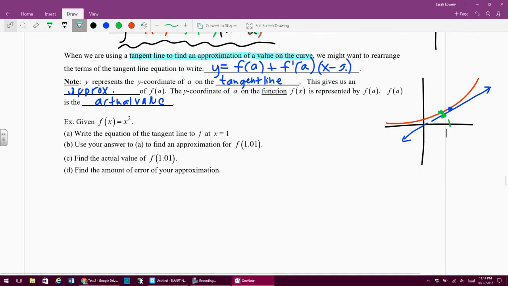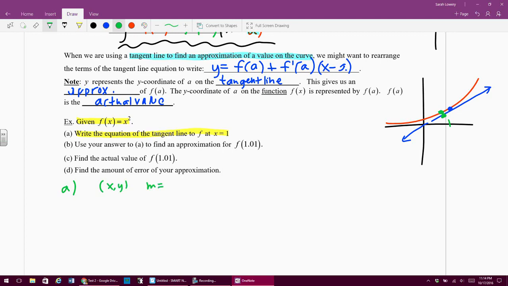Okay? So here's what we've got. I've got a function y equals x squared. Step number one, I want to write the equation of a tangent line. You've been doing this since like the third week of calculus. So if I want to write the equation of a tangent line, the first thing you need is a point and you need a slope. Okay?